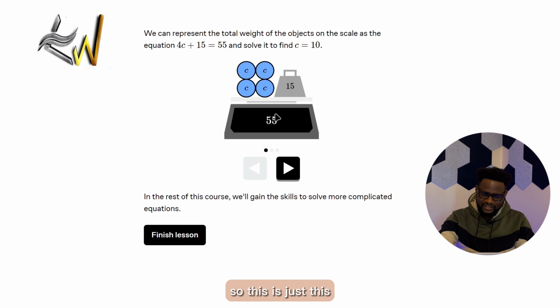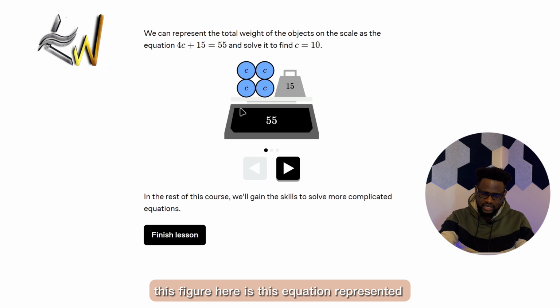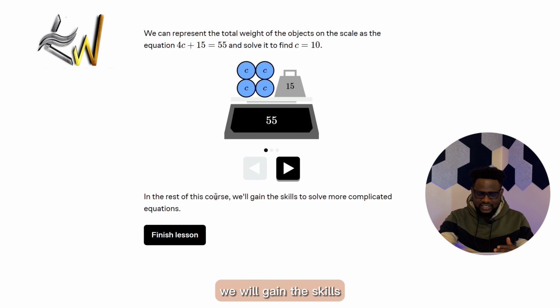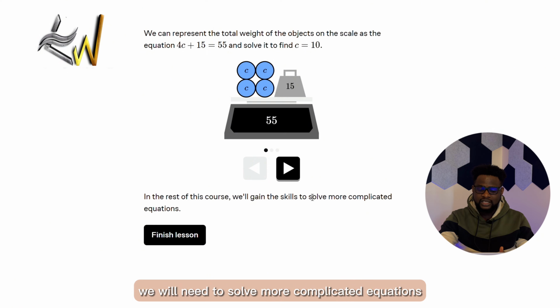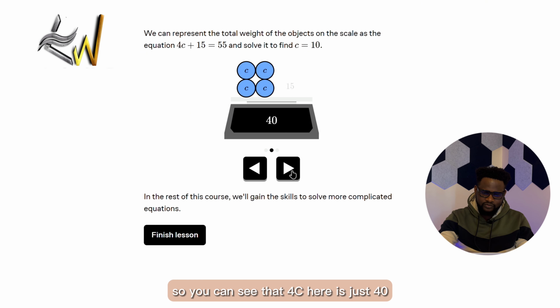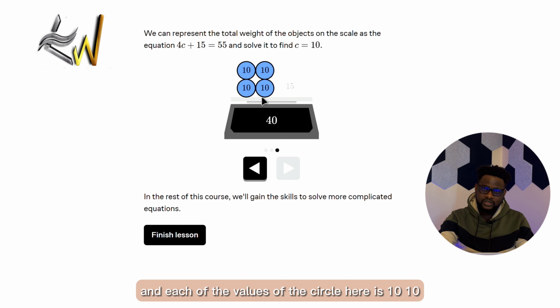This figure here is just this equation represented. In the rest of this course, we will gain the skills we will need to solve more complicated equations. You can see that 4C here is just 40, and each of the circles here is 10, 10, 10, 10.